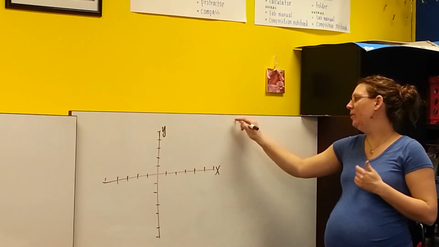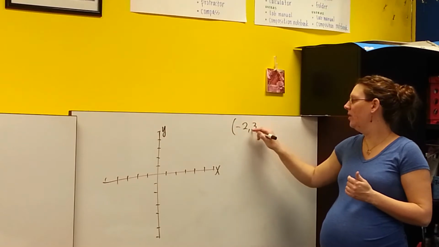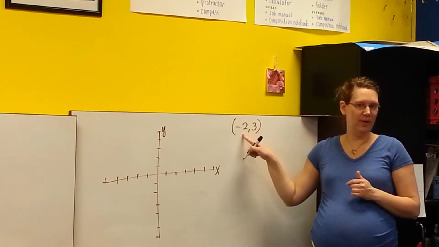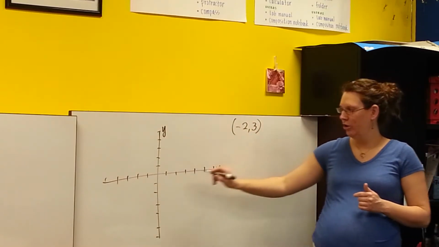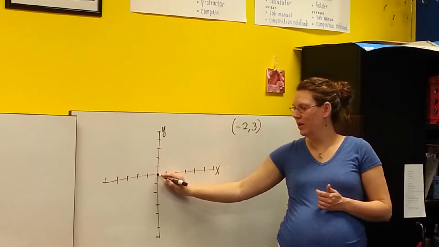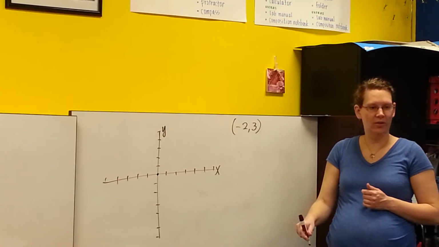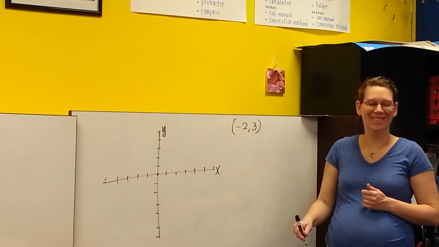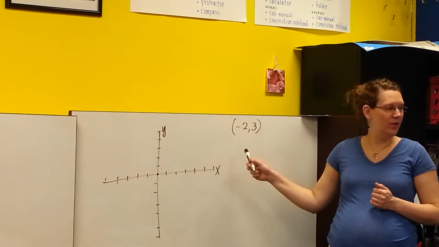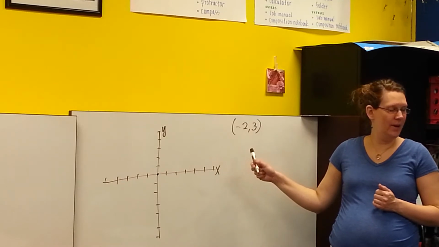We know if we're given a coordinate of -2, 3, that -2 means we go from our origin where first? Left, right, up, down. -2, eyes up here.